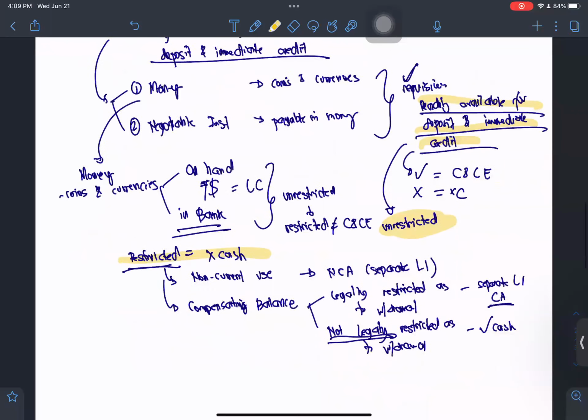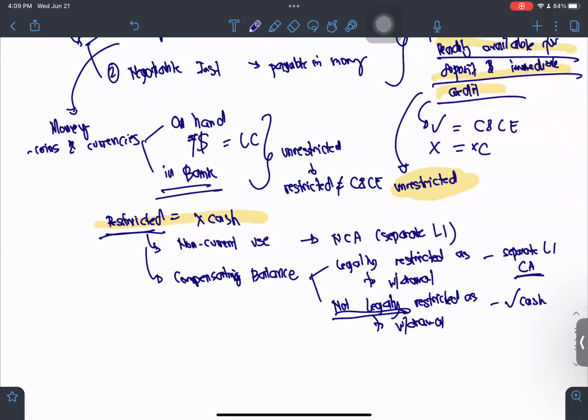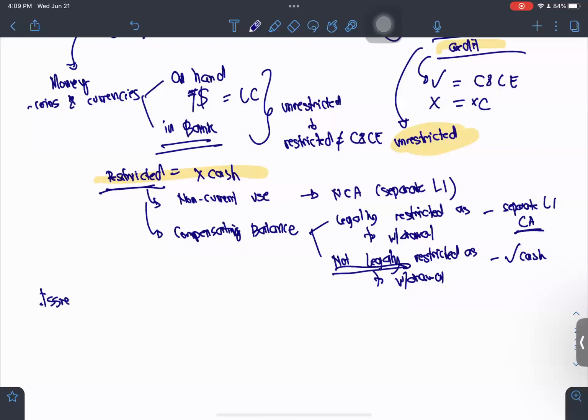That is for your money. Now, we look into the issues as to your cash in bank. So what are your issues as to your cash in bank? The first issue in your cash in bank is known as your closed bank.